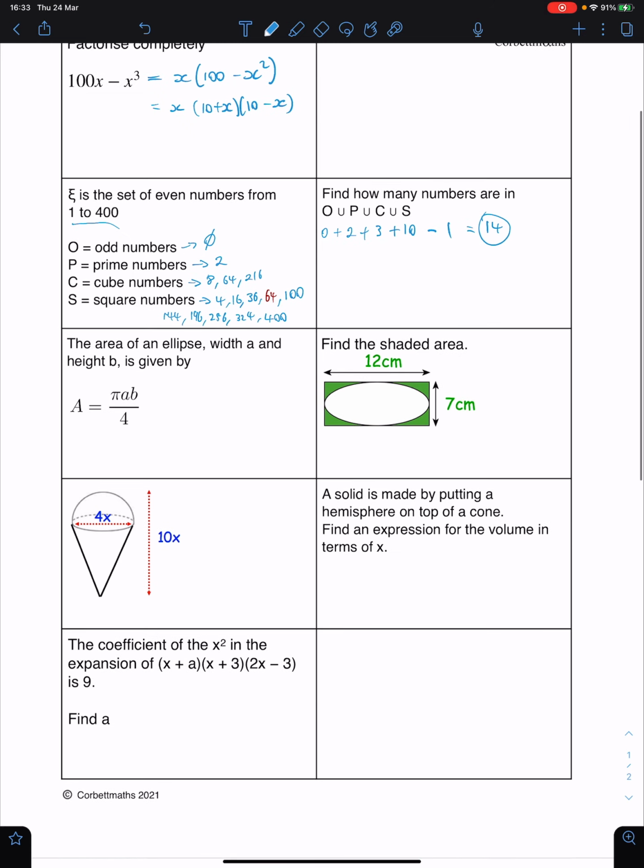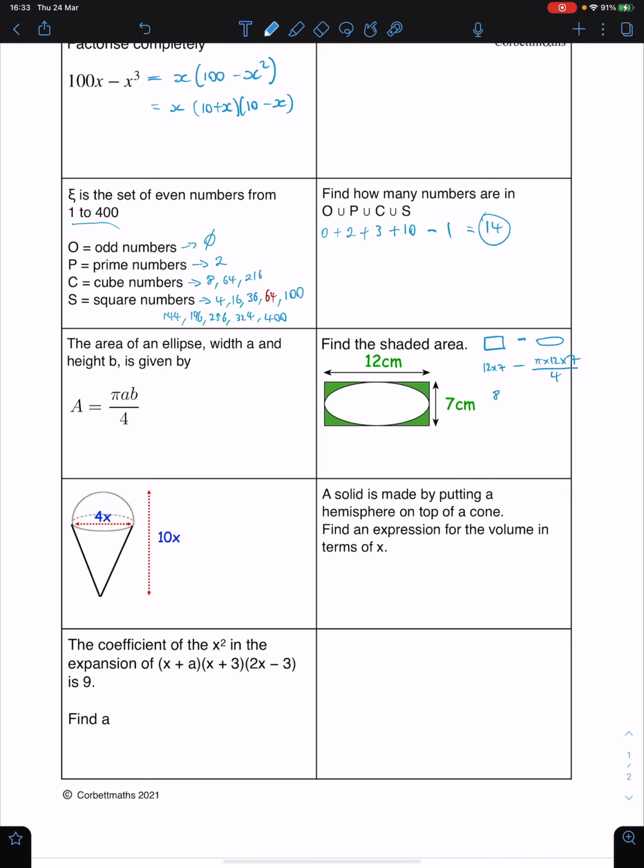Okay, next. The area of an ellipse with width A and height B is given by pi AB over 4, and we want to find the shaded area. That's quite simple. All we've got to do is work out the area of the rectangle minus the ellipse. So the area of the rectangle is 12 by 7, and the area of the ellipse is going to be, so minus pi times 12 times 7 all over 4.